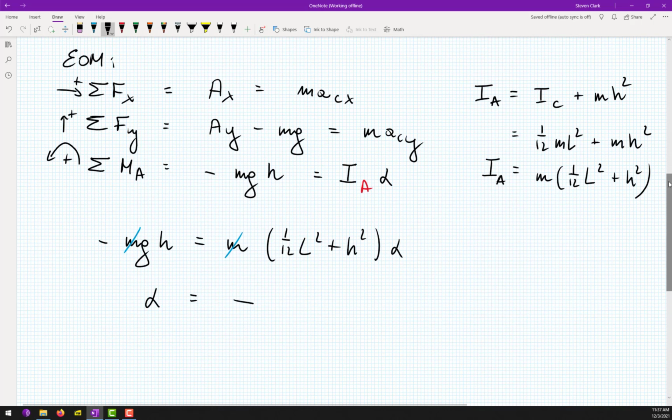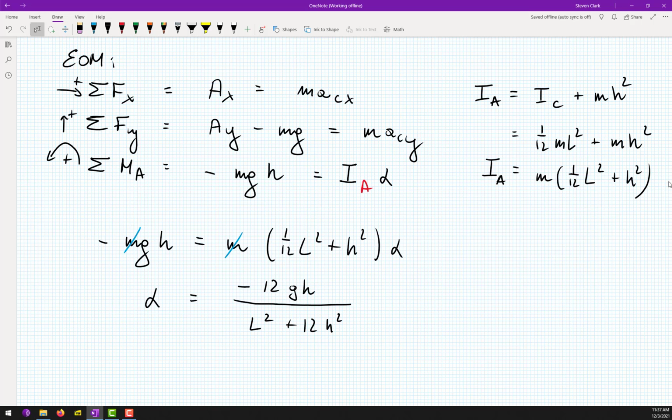Alpha is equal to minus 12 g h over l squared plus 12 h squared. I just don't like fractions. Okay, so I just put it like that. Cool, so we actually found alpha expressed as a function of h.